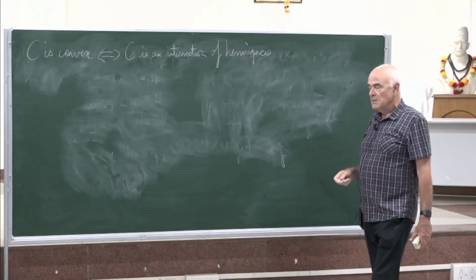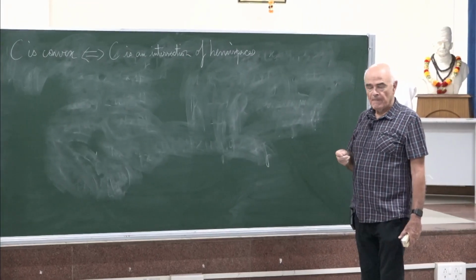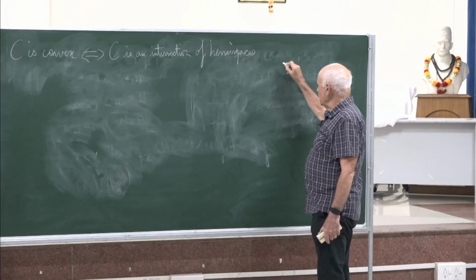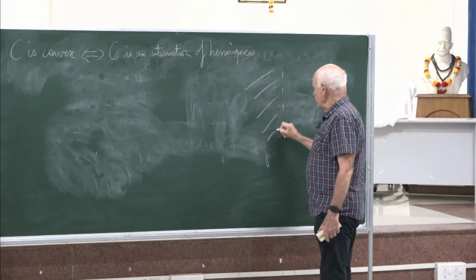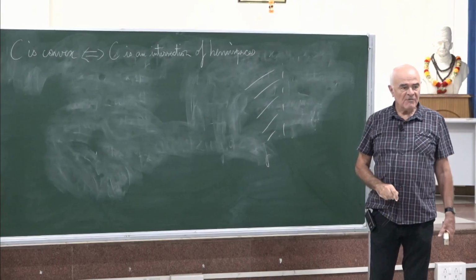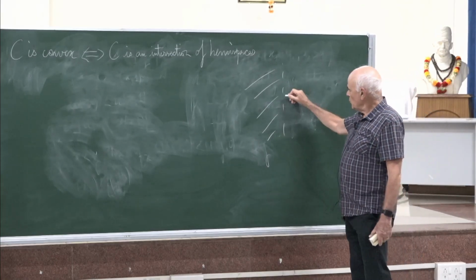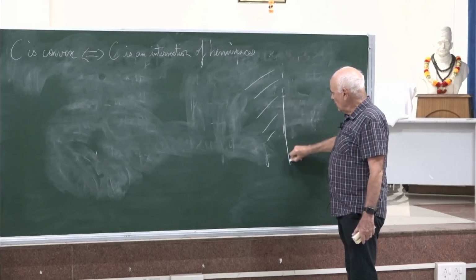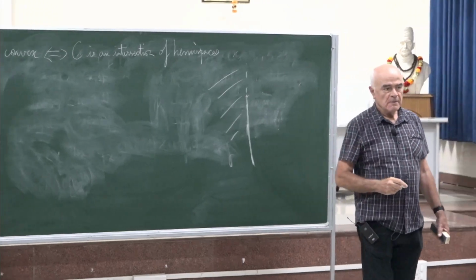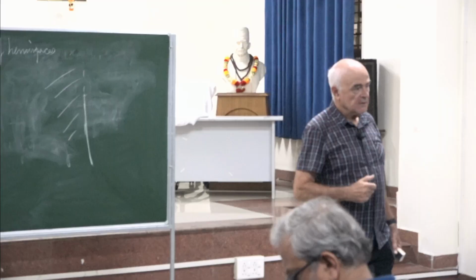For instance, in R2, consider an open half plane union an open or closed half line in its boundary.